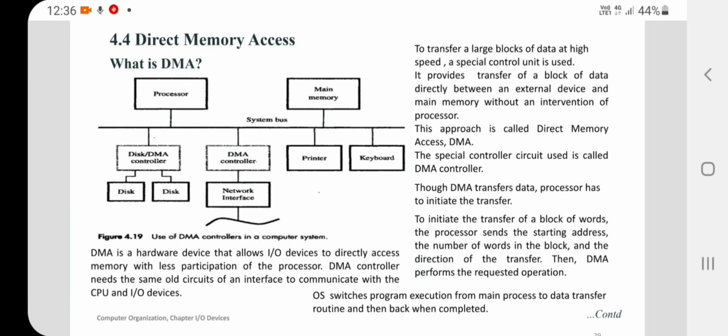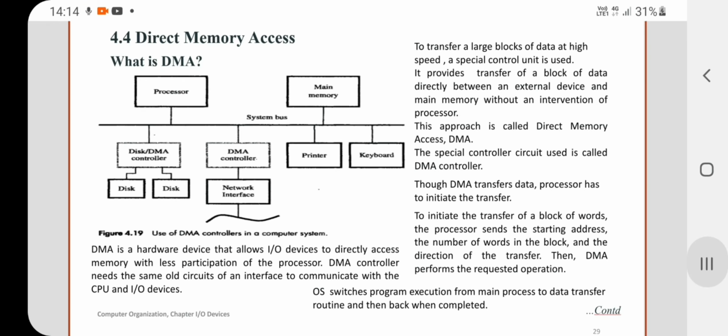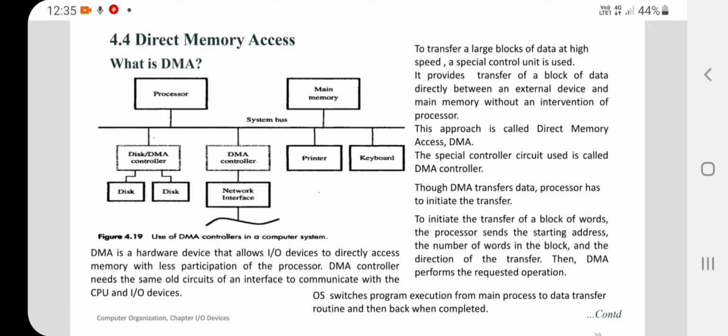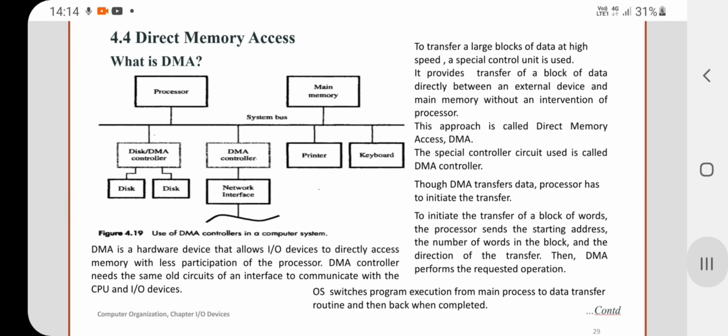If the direction of transfer is read operation, then huge blocks of data from main memory over the system bus through corresponding DMA controller are transferred to external devices like network or disk. If the data transfer takes place from external devices like network or disk through corresponding DMA controller over the system bus to main memory, this is called write operation.